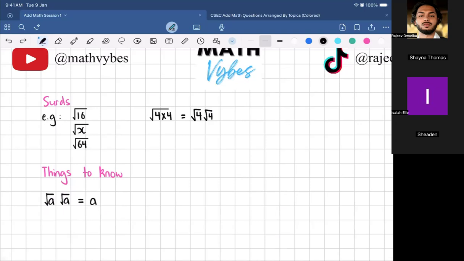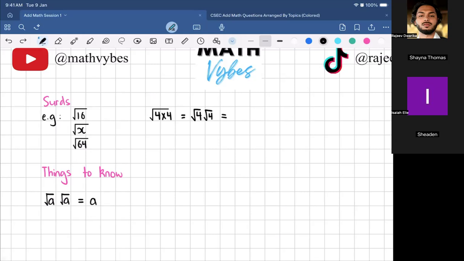So if you apply that rule, what is the square root of 4 by the square root of 4? So the square root of 16, what's the answer? 4.